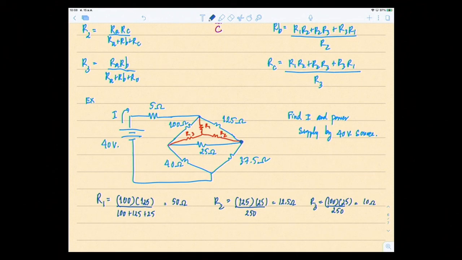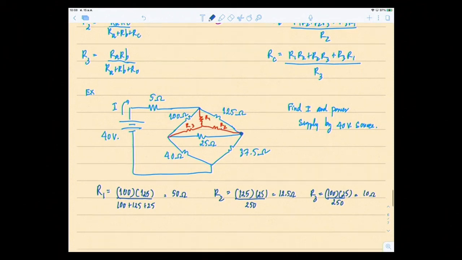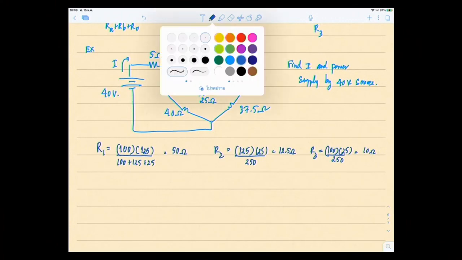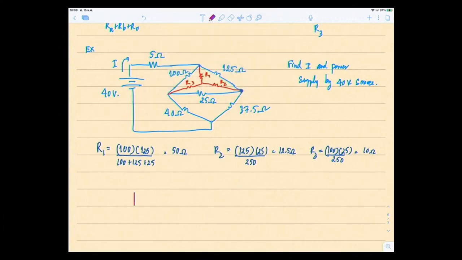So we have R1, R2, and R3. So we're going to redraw the circuit, but with the Y connection. R1 is 50 ohms, and then go here. R2 is on your right side, 12.5 ohms, and this is 10 ohms.